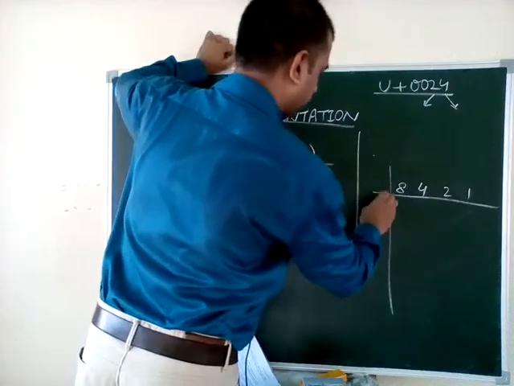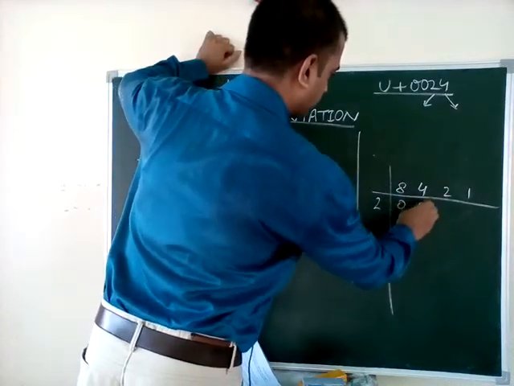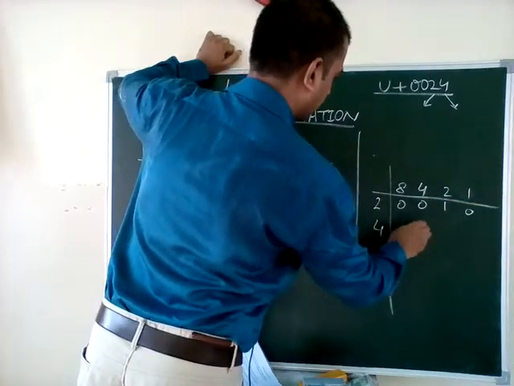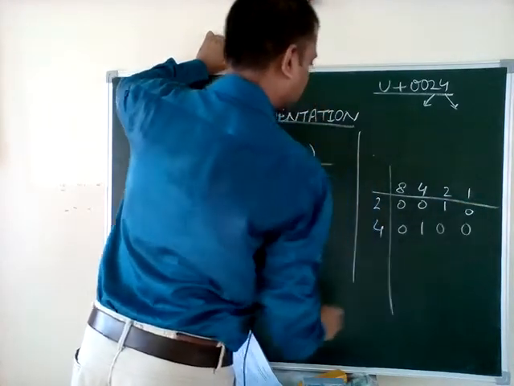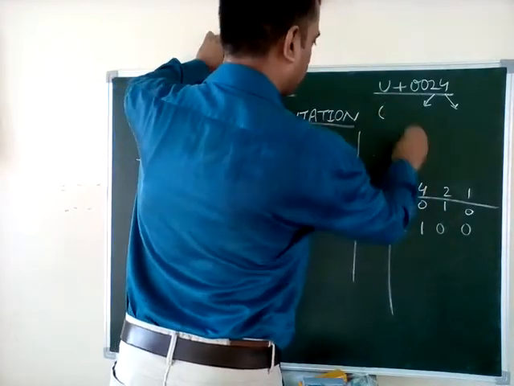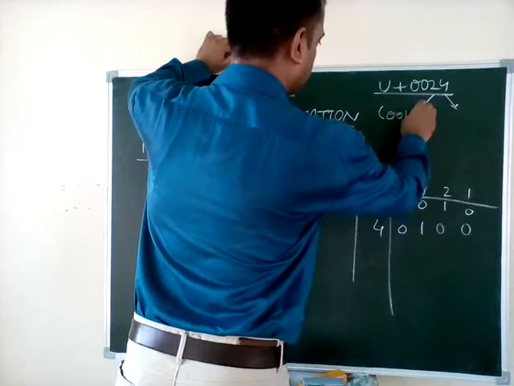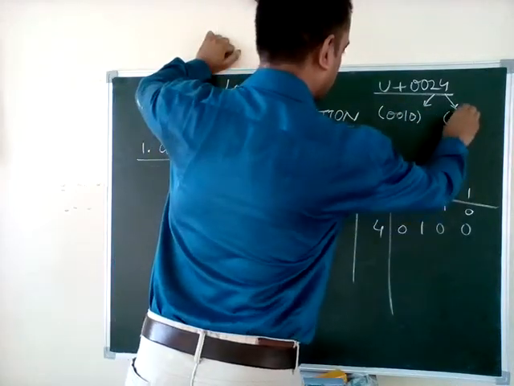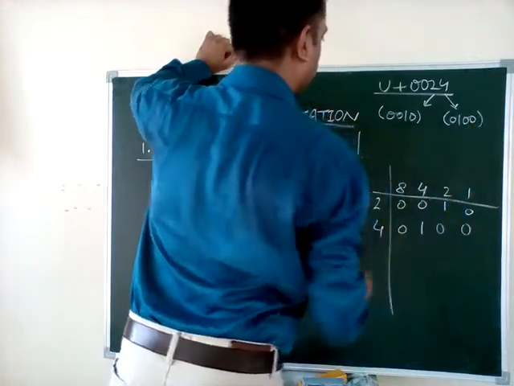First I am representing 2, so 0 0 1 0, and this 4, so 0 1 0 0.